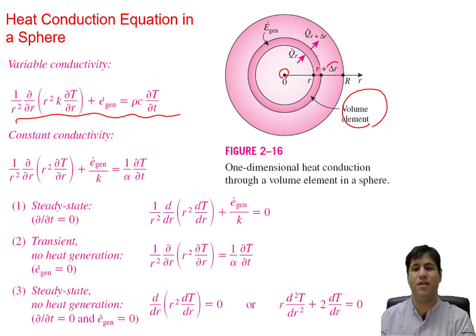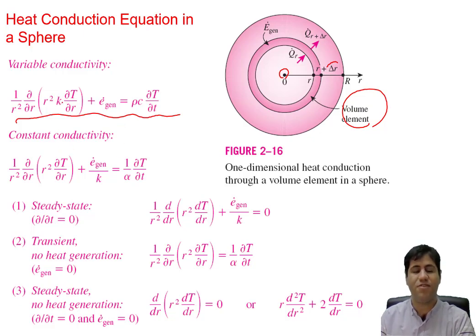Heat generation inside the element or whole sphere, actually. Here, this is the general equation, with the density, specific heat, and also the time. Now, similarly to what we had for the plane one and also for the cylindrical coordinate system, here we have some special cases.